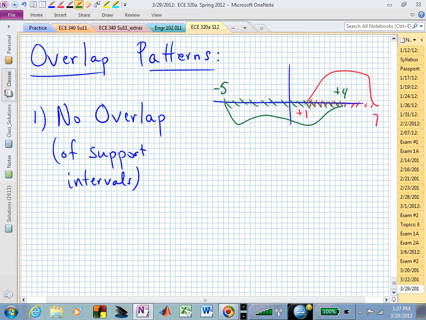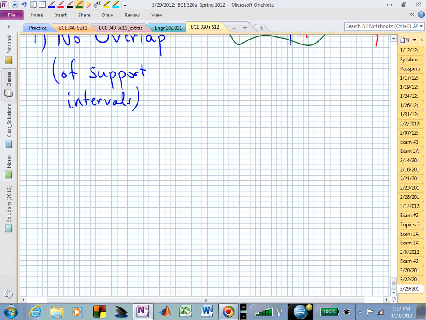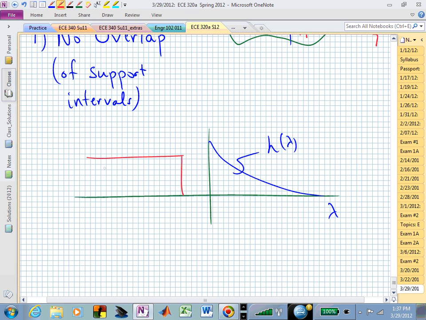Now, in this case, the first overlap pattern is no overlap. Here is our x of t, or h of lambda, and these may not be drawn to scale. When does this overlap pattern exist?